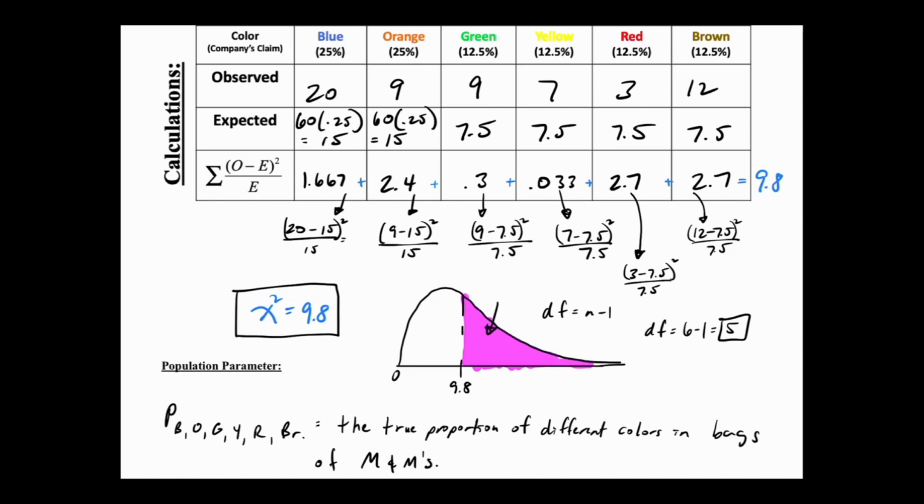The reason chi-square is skewed to the right is because there are no negative chi-square numbers. You will always get positive chi-square numbers. They might be small, they might be big, but you're always going to get positive chi-square numbers because we square it. So even if you have a negative on the inside, you're going to square to make it positive.